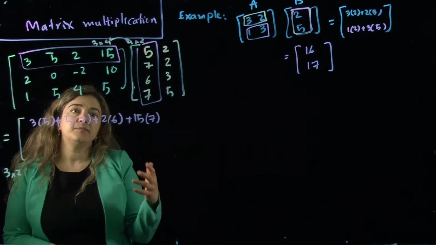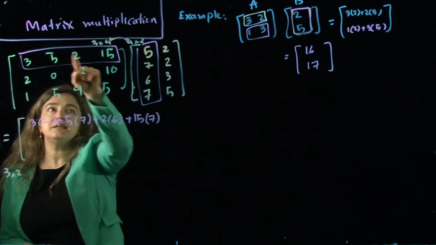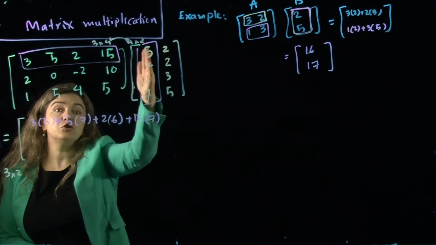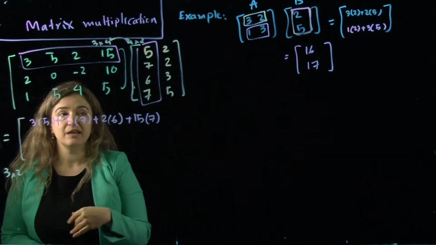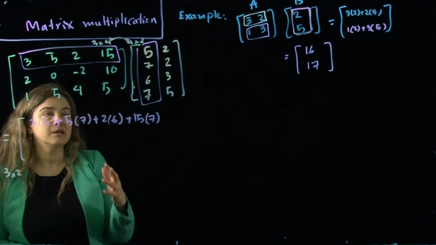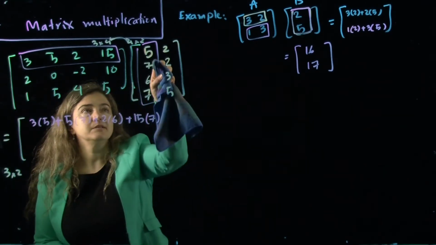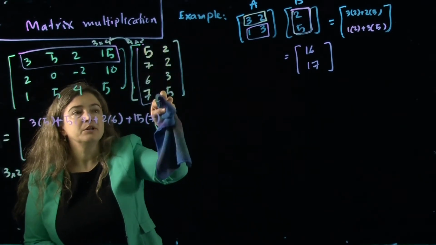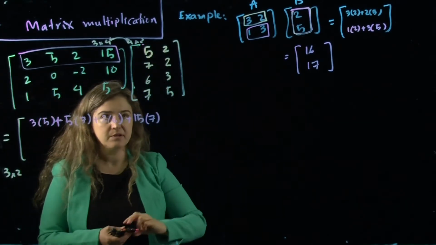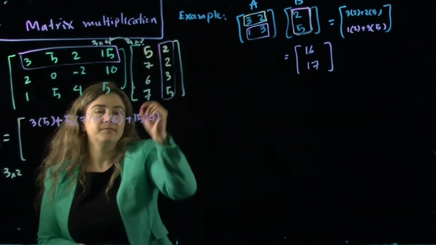Now, how do I continue? Keep the row 1 until you're done with all the columns of the second matrix. So row 1 is kept. What is the other option for columns? This one.